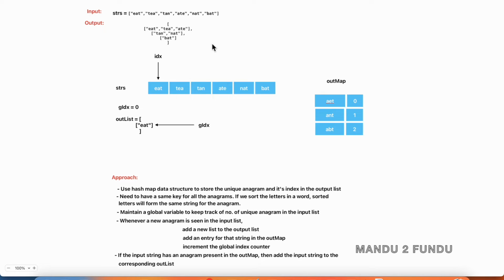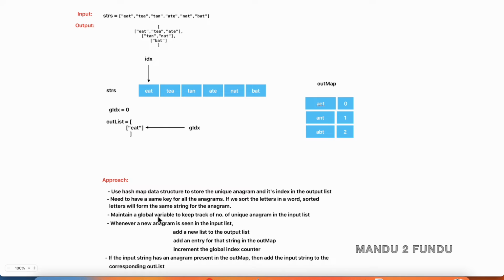If we see this word, for example, when we process the word tea and we sort the letters, we already have an entry. So immediately we can use this index and add that word into the array present in that index. We maintain a global variable to keep track of the unique anagrams in the input list.